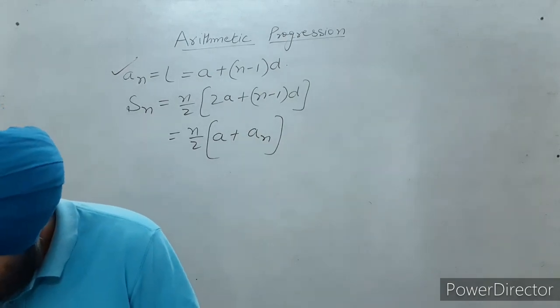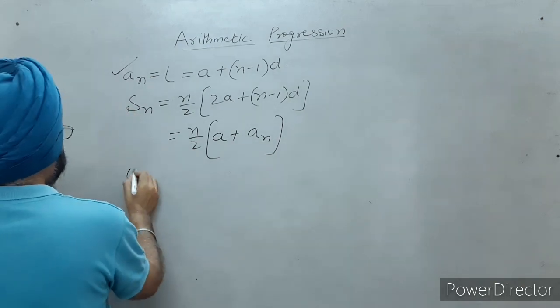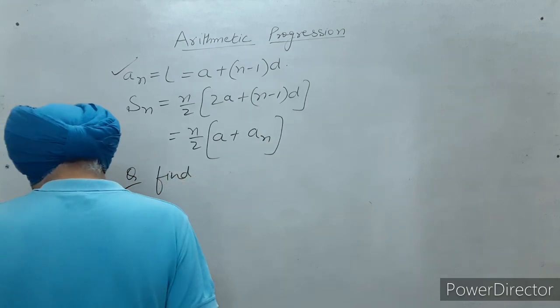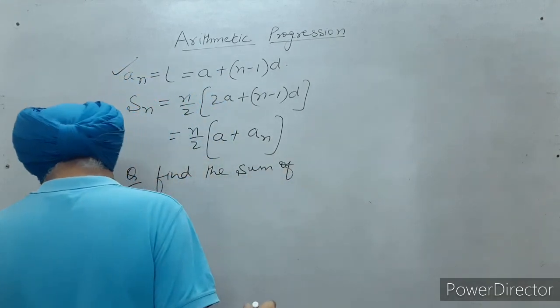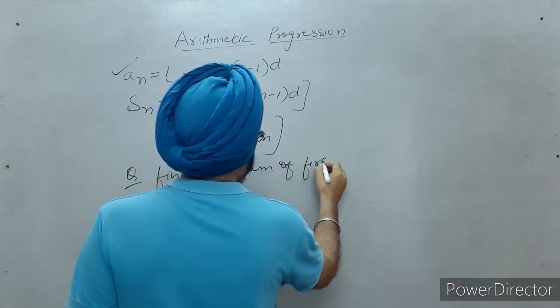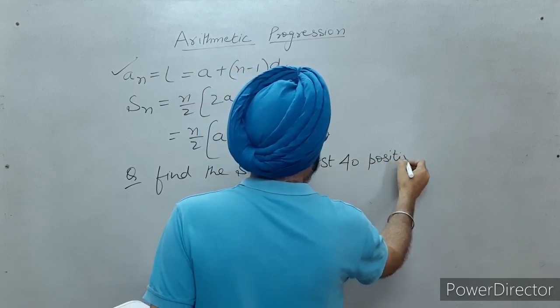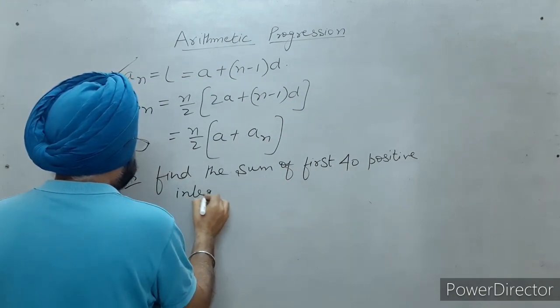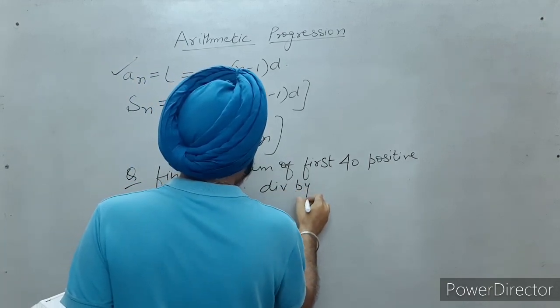Question is, find the sum of first 40 positive integers divisible by 6.